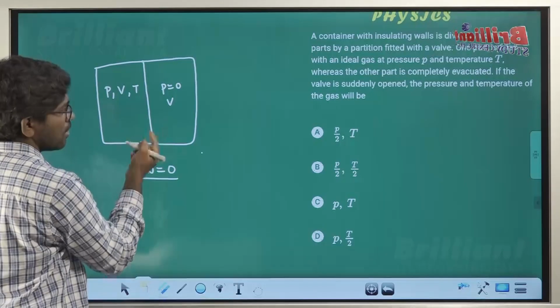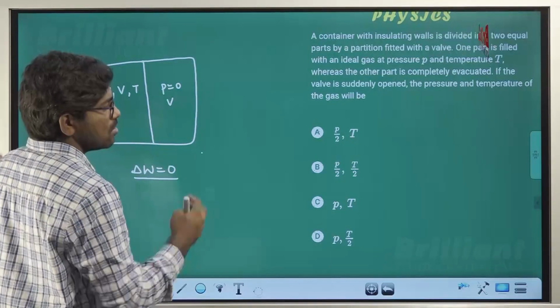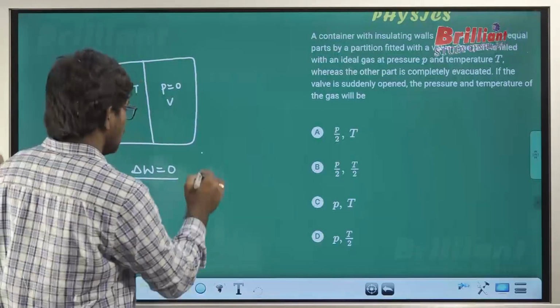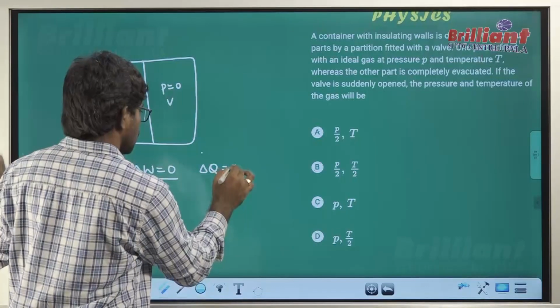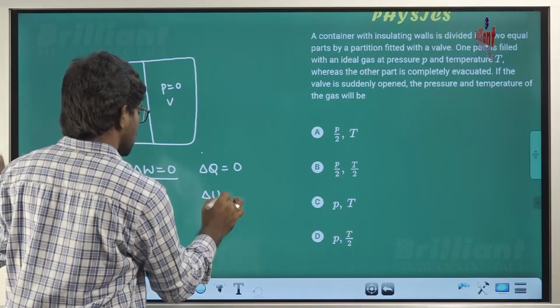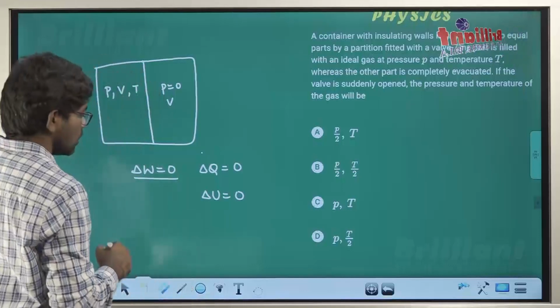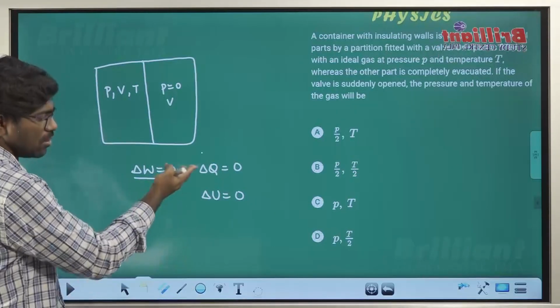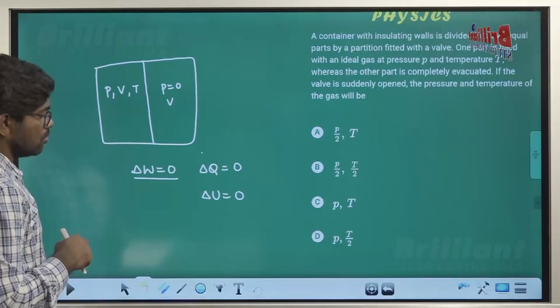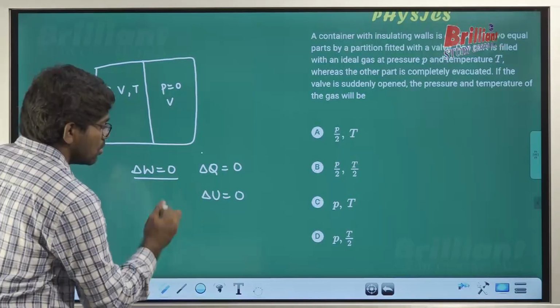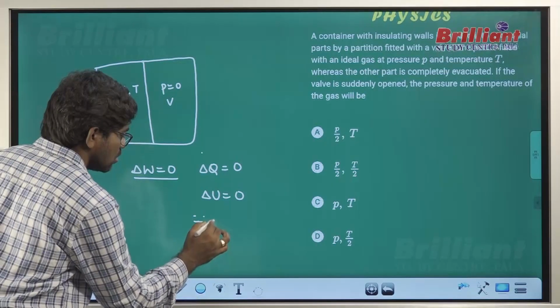And there is no delta Q here because it's insulated. Delta Q is also 0. Then what do you say about delta U? Delta U is also 0. Yes or no? When delta W is 0 and delta Q is 0, delta U must be 0. If delta U is 0, the meaning is temperature is constant.